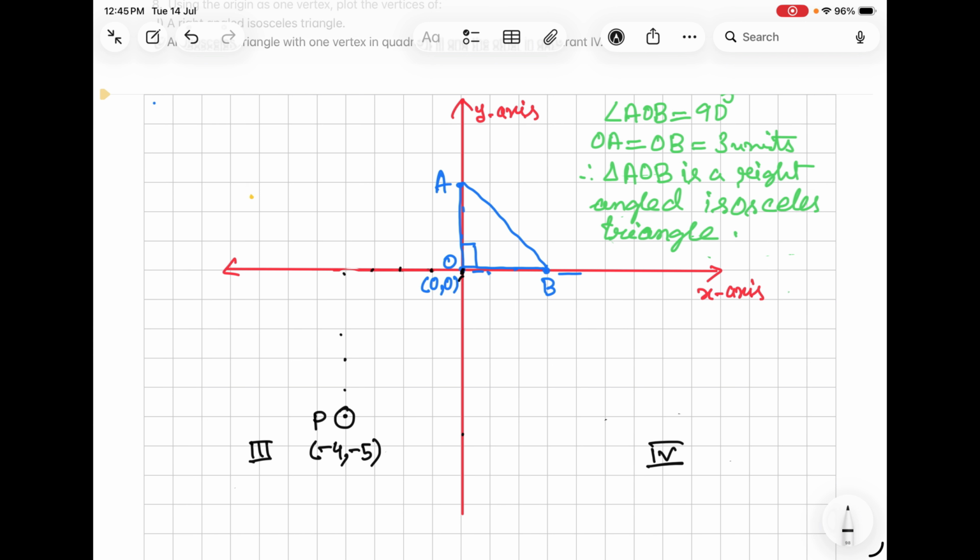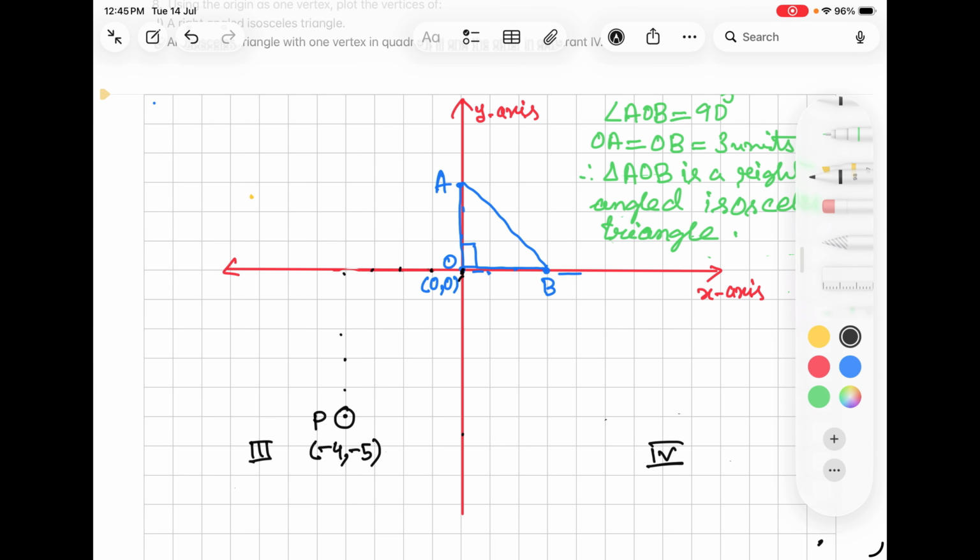If there are two points, one coordinate is the same and the other is different in sign. Since P is minus 4, minus 5, the third one should be 4, minus 5, because 4 and minus 4 have the same magnitude but different sign in the x coordinate, and minus 5 is the same, the y coordinate is the same. That is the mirror image.